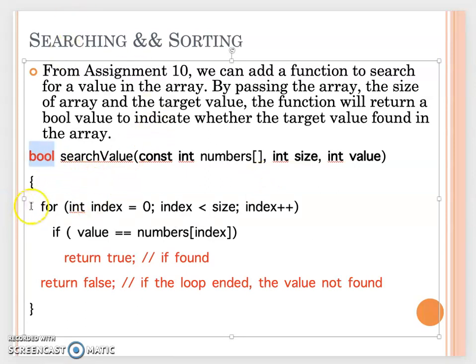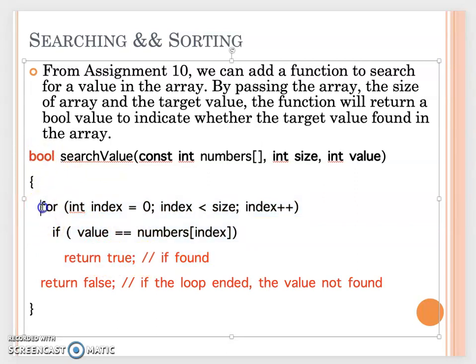So the function with the bool return type, we rewrite like this. We still have a for loop, starting from index equal to 0, less than the size, incrementing index. I'm still checking whether the value at the index location equals my searching value or not. If they match, earlier I returned the index, but now I just want to know whether I find the value or not, so I return true.